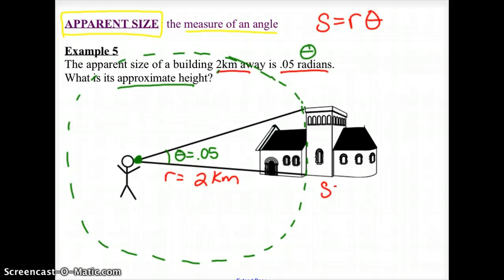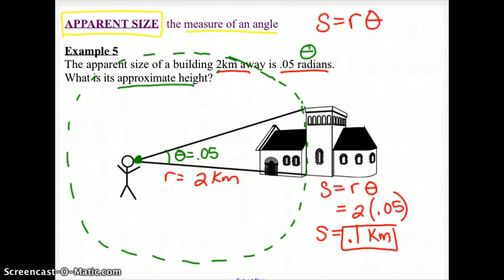So using S equals r times theta, I know the radius is 2, theta is 0.05, so my arc length, if I multiply those together, would give me a total of 0.1, and the measurement was in kilometers. You could rewrite this and convert it to meters, multiplying that by 1000.